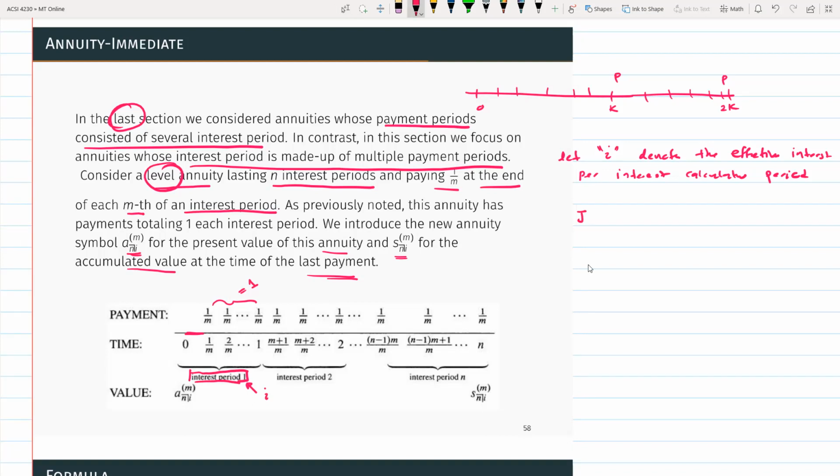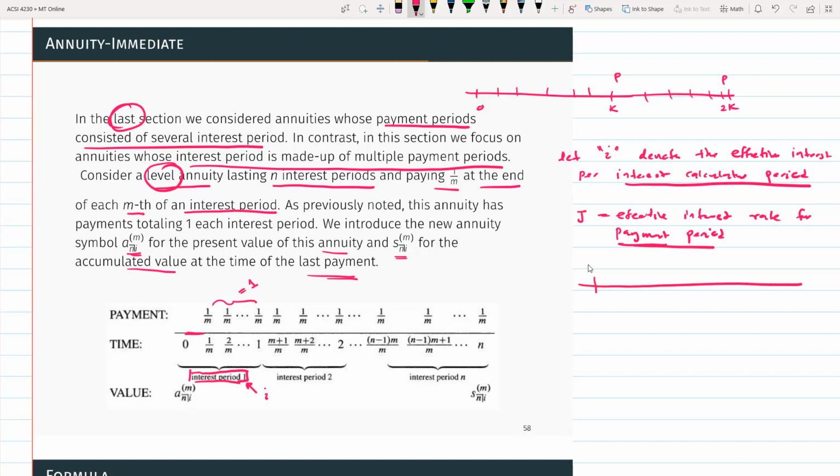So I is for the interest calculation period, and J is for the payment period. Let me draw the timeline: you have 0, this is 1 over m, this is 2 over m, this is m over m, which is 1. For this entire time period, your effective rate is I. For this small time period, that's what I want to know, the J.